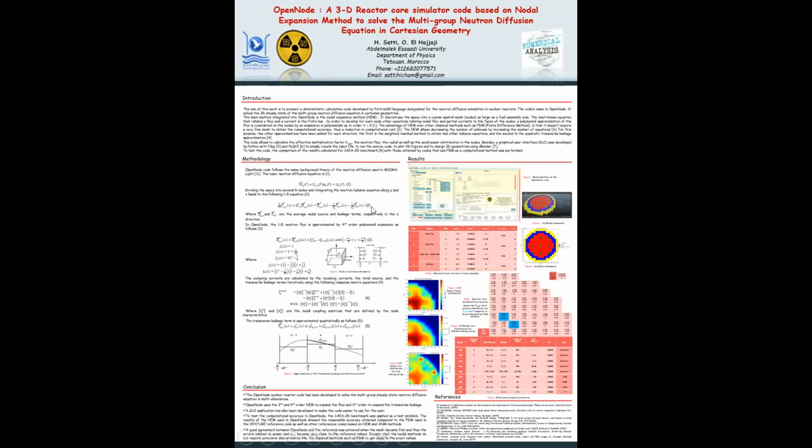The unknowns of the nodal expansion method theory are the average fluxes per zone and the average partial currents at the faces of the zones. The reason why the modern nodal method can obtain a solution with high accuracy is that the flux distribution in the node is expressed by a polynomial, as in equation 3.